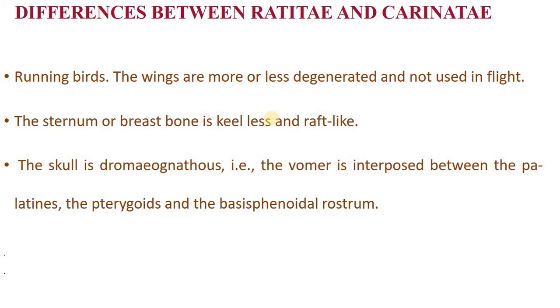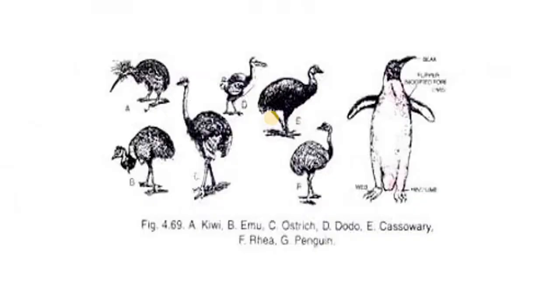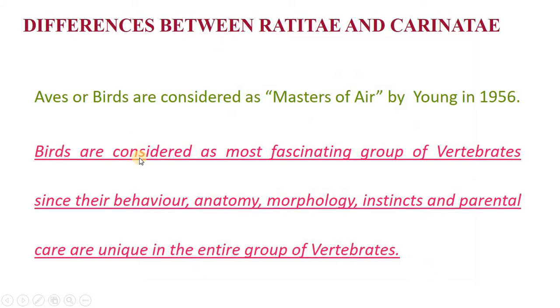So Carinatae are cosmopolitan in distribution. That means they are found worldwide. All over the world, these Carinatae members are found, but for Ratitae, the presence is discontinuous. They are confined to only particular areas. So therefore, the presence of the Ratitae is discontinuous, confined to particular regions.